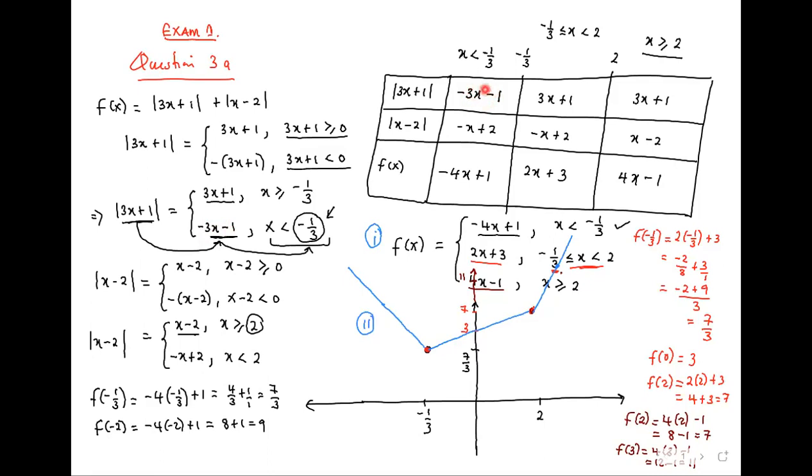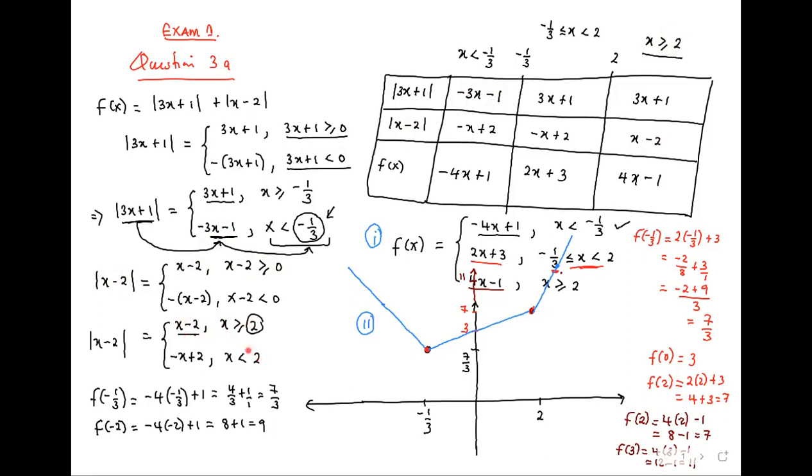When we go to x minus 2 in the modulus, you will say this is equal to x minus 2 when x is greater or equal to 2. So when x is greater or equal to 2, in this box here, this function is x minus 2, according to this definition.